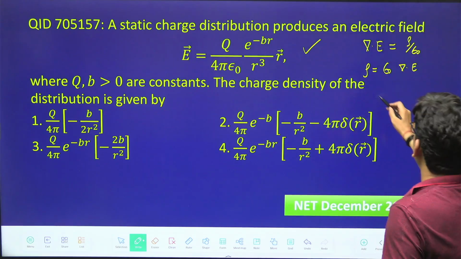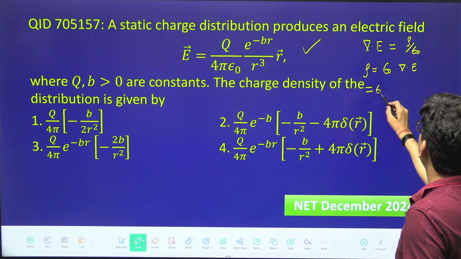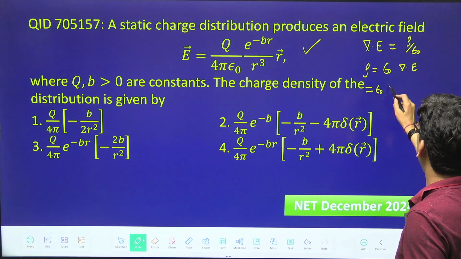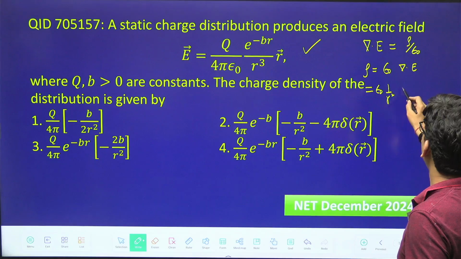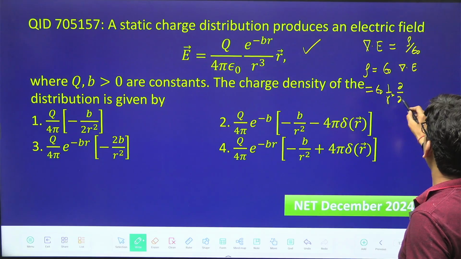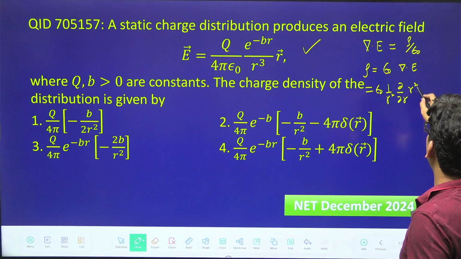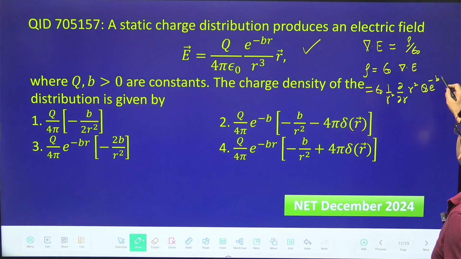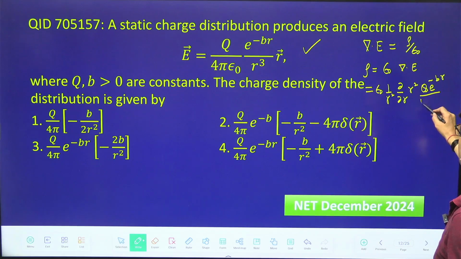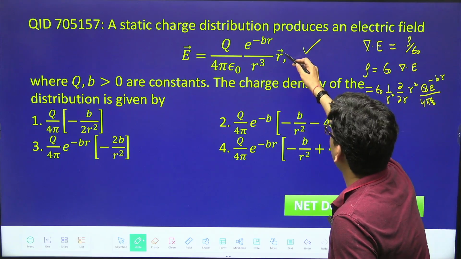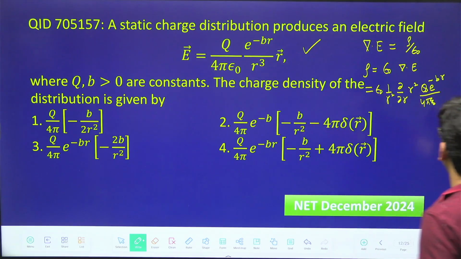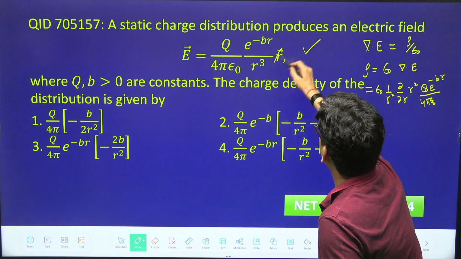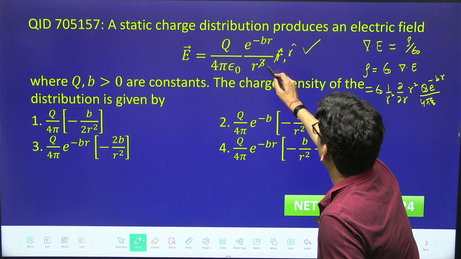So let us write here in spherical polar coordinates, del dot E is 1 by r square del by del r of r square into q e to the power minus br over 4 pi epsilon naught, and I will take this r vector as r cap by r square.